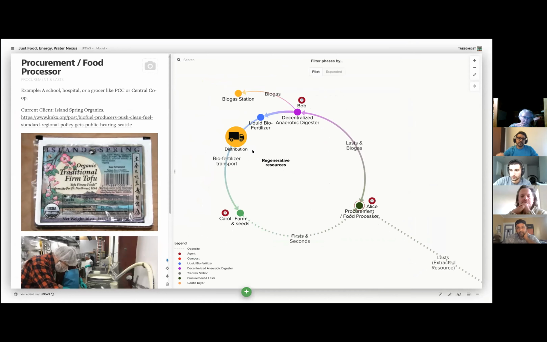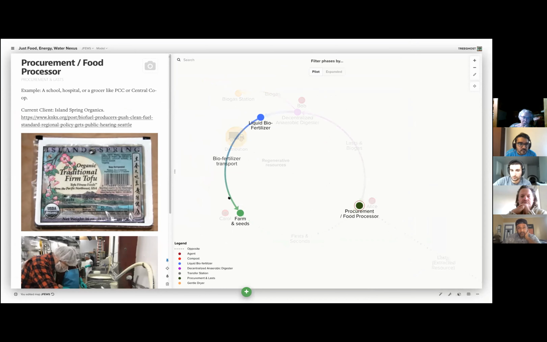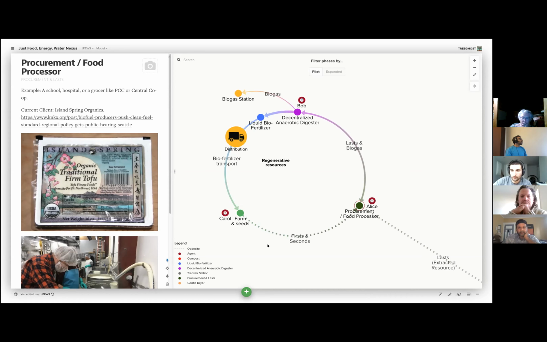So again, we're focusing on Carol, and we're very much focused on the flow from the digester to Carol. So this is the flow of the biofertilizer, but we're going to get into this.